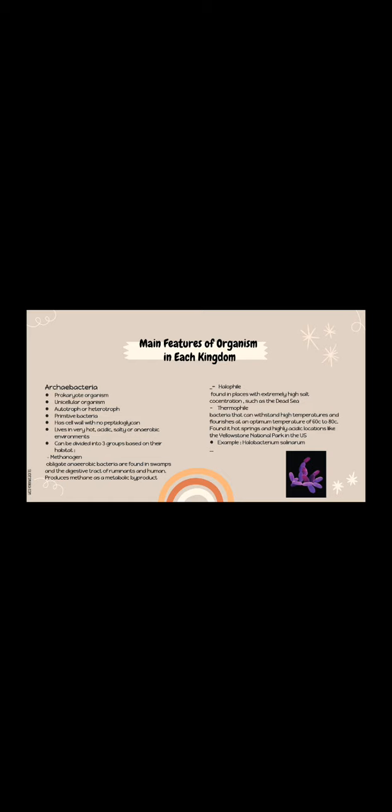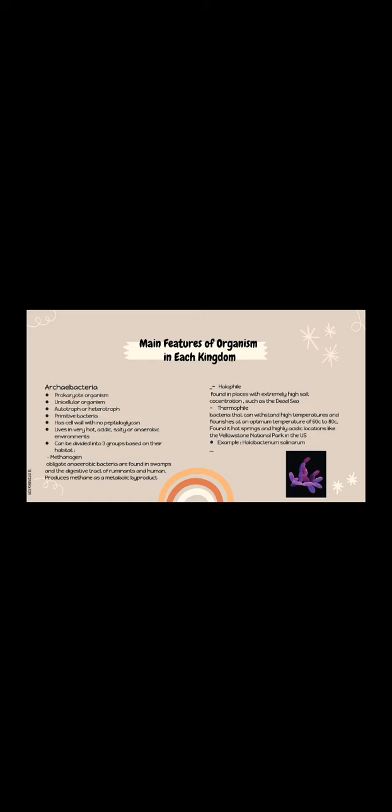Archaebacteria can be divided into three groups based on their habitat. First one is methanogen. Obligate anaerobic bacteria are found in swamps and the digestive tract of ruminants and humans. It produces methane as a metabolic byproduct. The second one is halophile, found in places with extremely high salt concentration such as the Dead Sea.